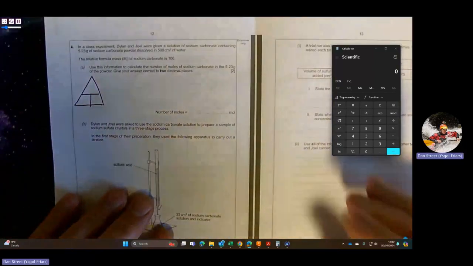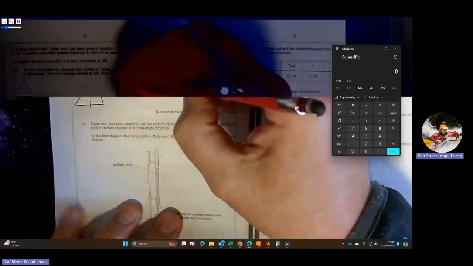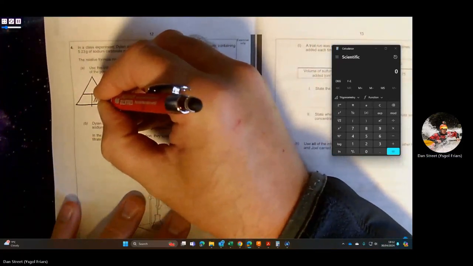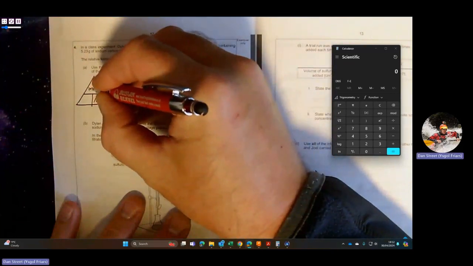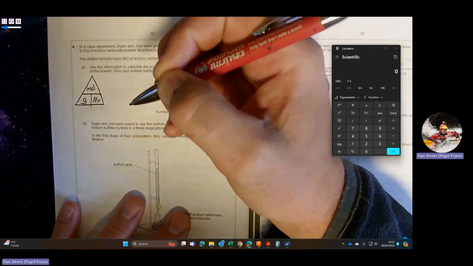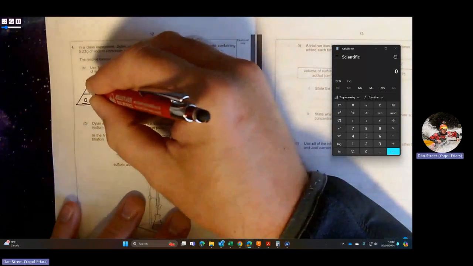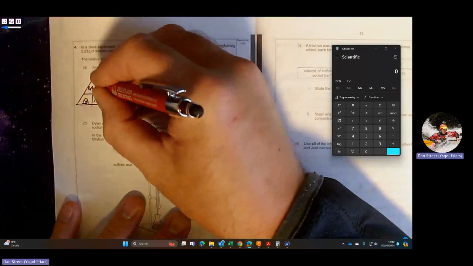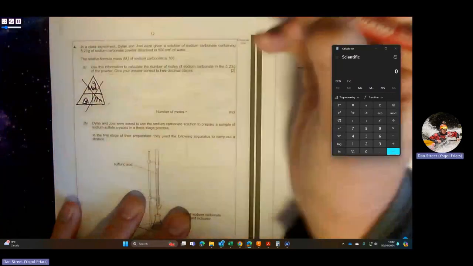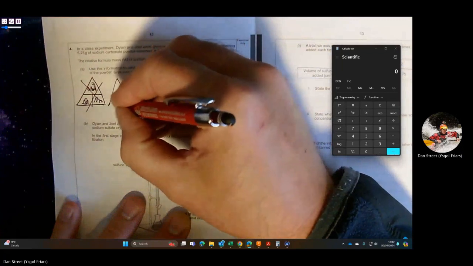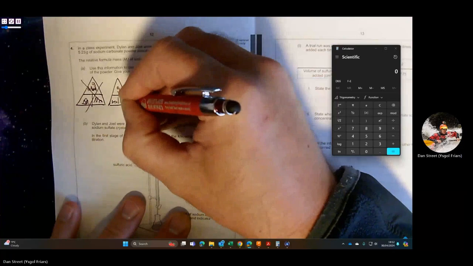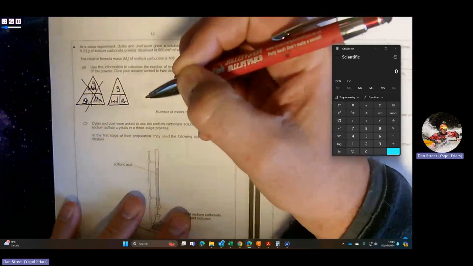We need to remember that the Mr is in grams per mole. So, grams, mole, and the Mr, which is in grams per mole.